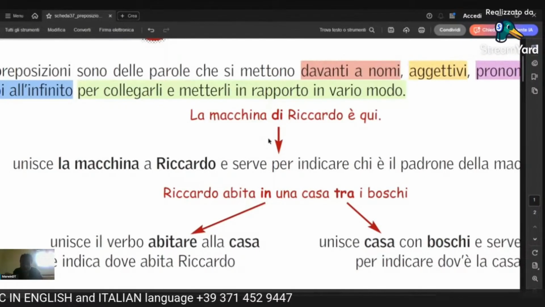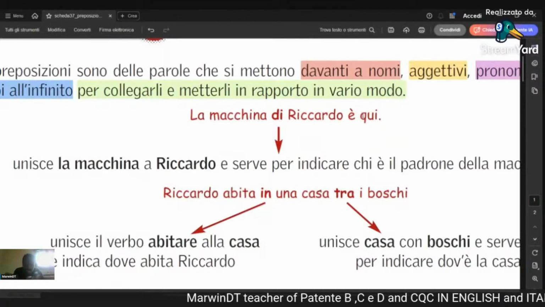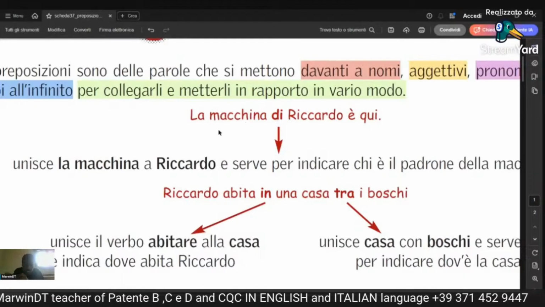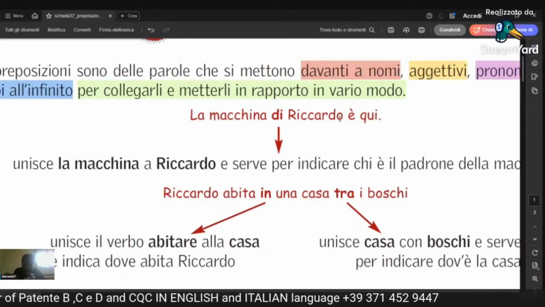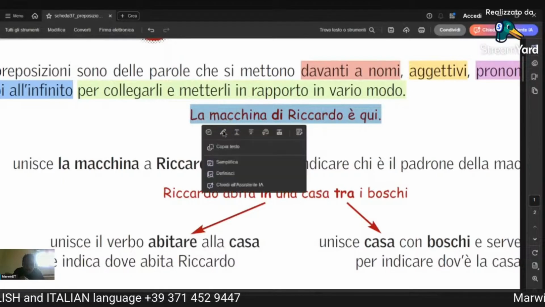Now, here is an example. La macchina di Riccardo è qui. We know that la macchina di Riccardo is talking about the car of Riccardo.